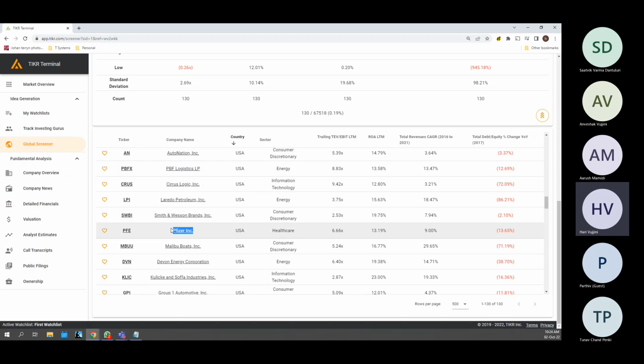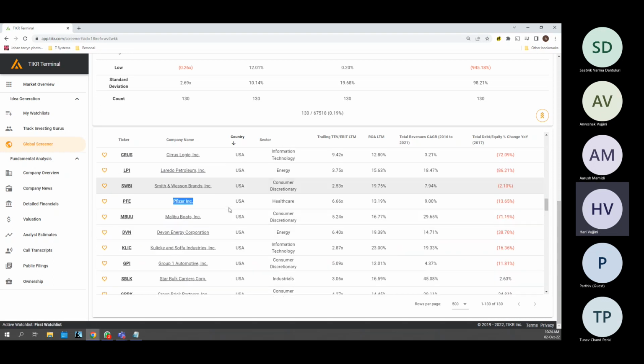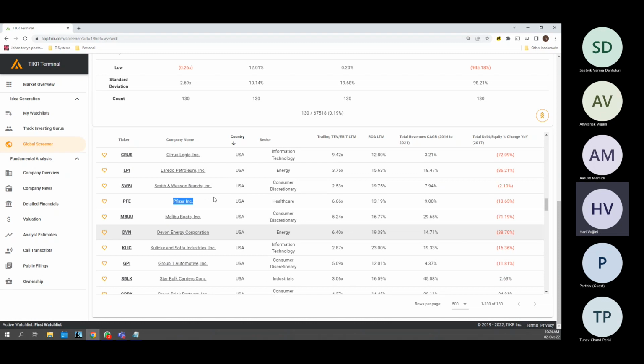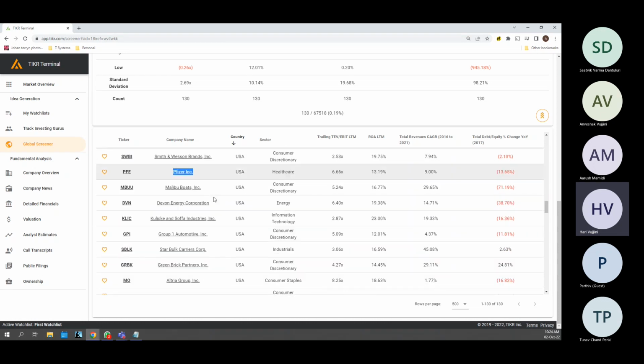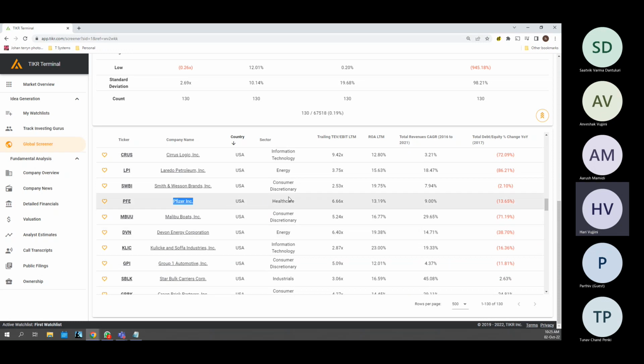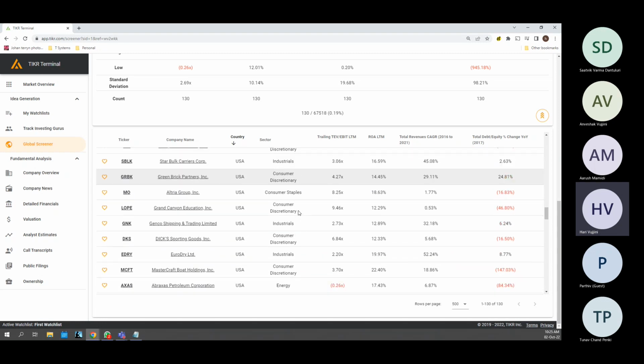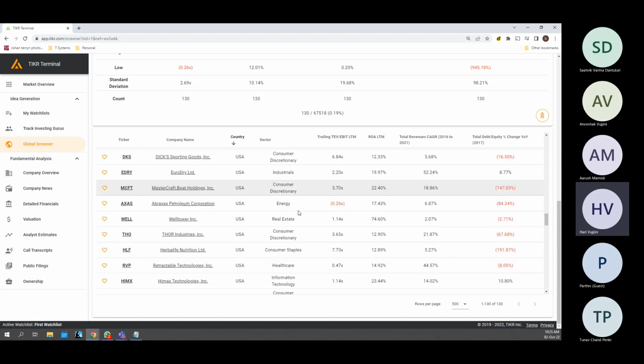You've forgotten about this company? We all got the vaccine, right? Yeah, Pfizer. Everybody got it from Pfizer. But this is one of the companies listed here. It could be interesting if you want to do a deep dive. Okay, let me see if there are any other companies that we can recognize.